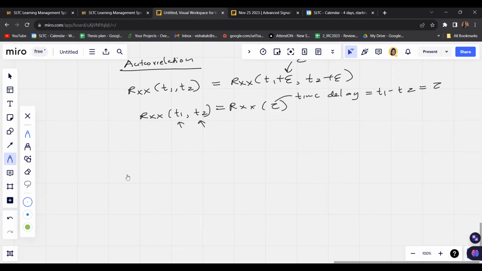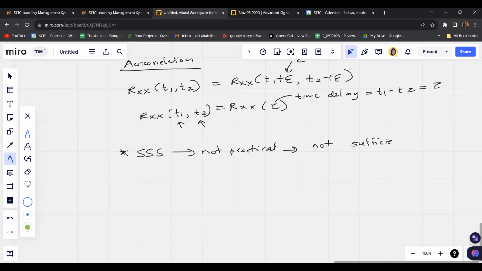So we discussed the strict sense stationary process, right? As I said before, the strict sense stationary processes are not that practical in the real world, right? Although it's a theoretical assumption, it is not sufficient to model real world applications.